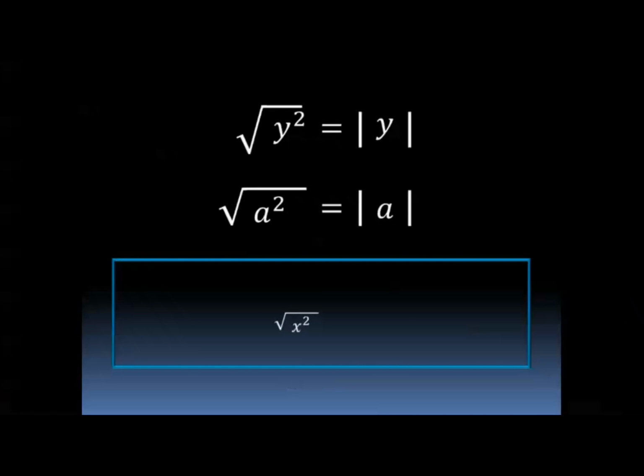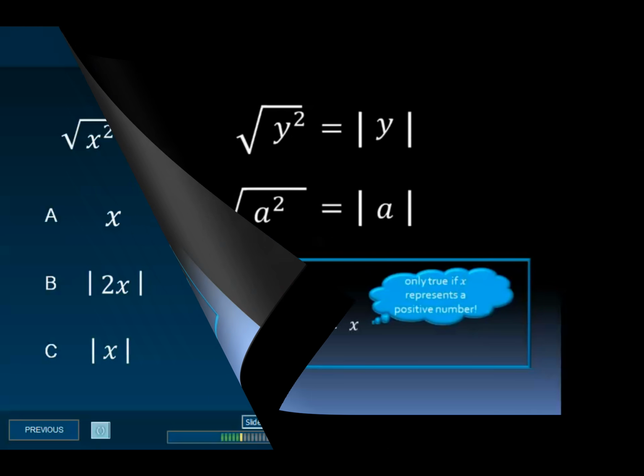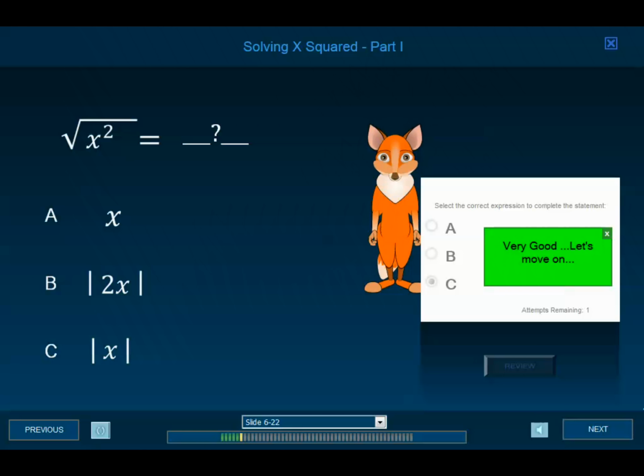It's very natural to think of the square root of x squared as being equal to x. But this is not always a true statement. Good. The square root of x squared is equal to the absolute value of x.